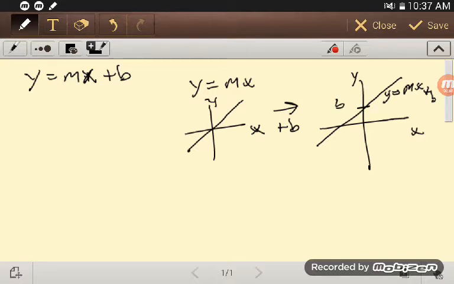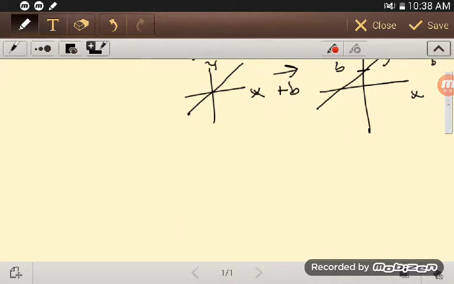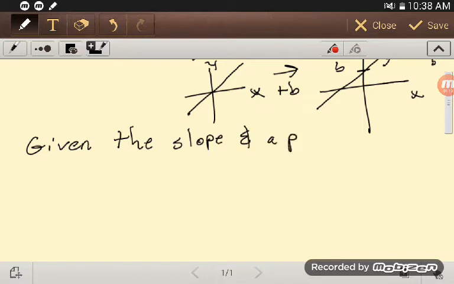Okay, so we have this form y equals mx plus b, and now again, you could be given some information, and maybe you're given the slope and a point.